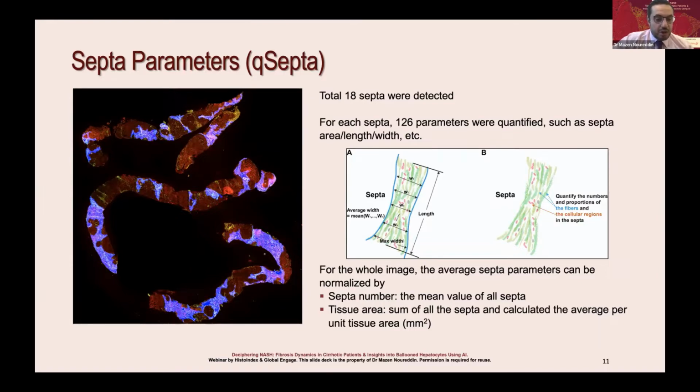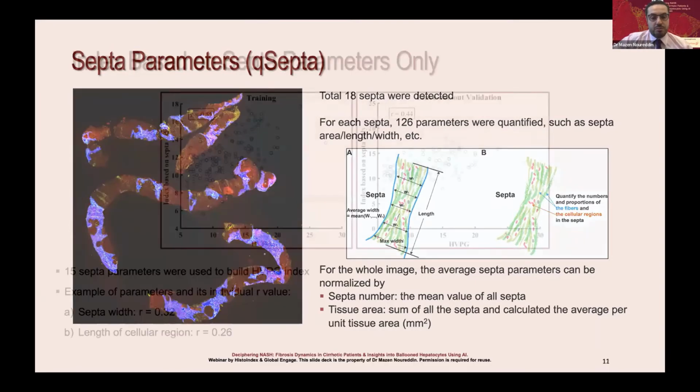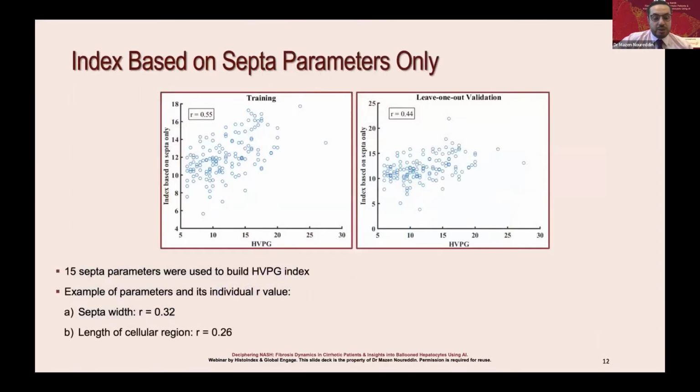The septa occupies certain area and tells you how much you have septas there, which contributes to portal pressure. And this is the correlation between the septa parameters, the top 15 ones, and HVPG. And as you see here, left and right in the training and validation cohort, the correlation was very solid.